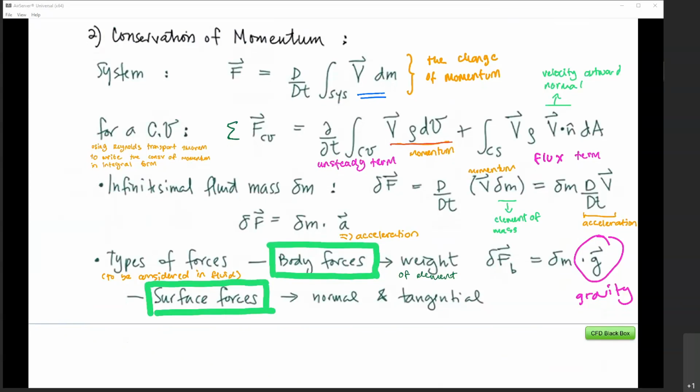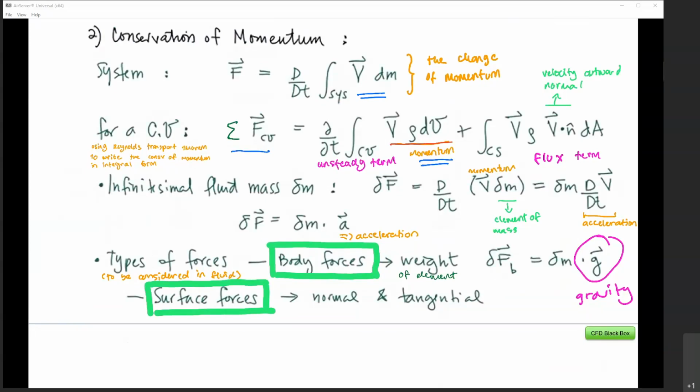So for the control volume, we have the summation of the forces on the control volume, which equals d over dt of the integral over the CV of V multiplied by rho dV, the differential volume. This refers to the momentum part.